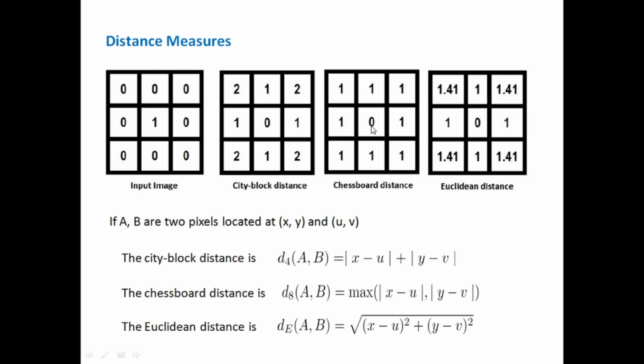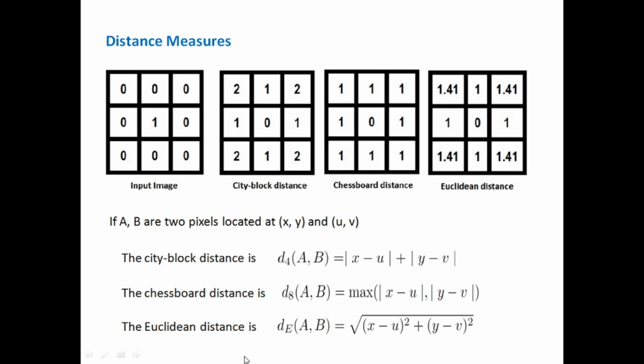It gives me 1 unit as the difference between a pixel and its neighbor. So if I would like to go from here to here, it takes 1 unit. From here to here, it takes 1 unit. The same thing is reflected here. So this middle one is my starting location, or my central pixel.